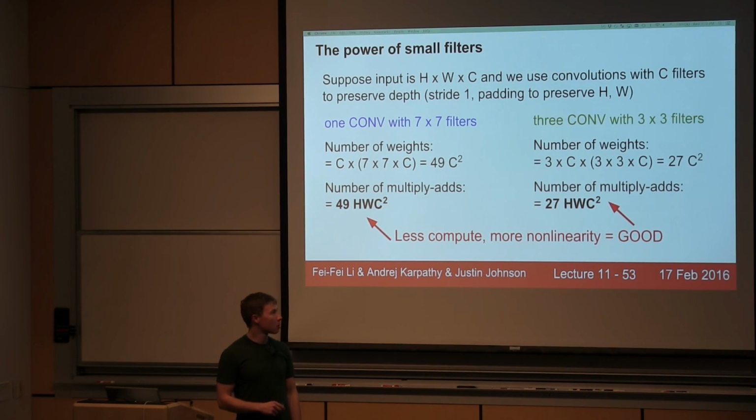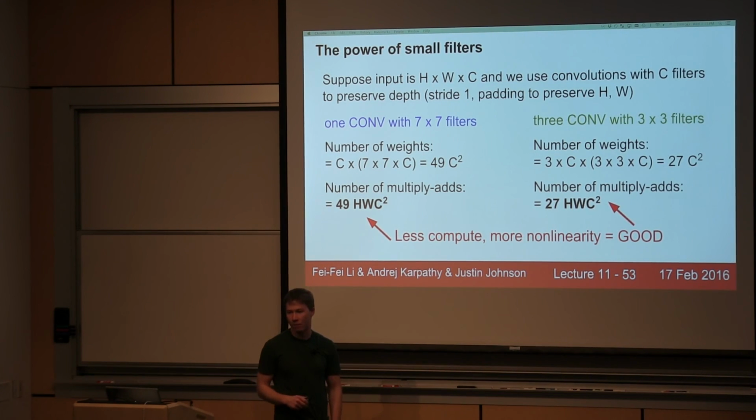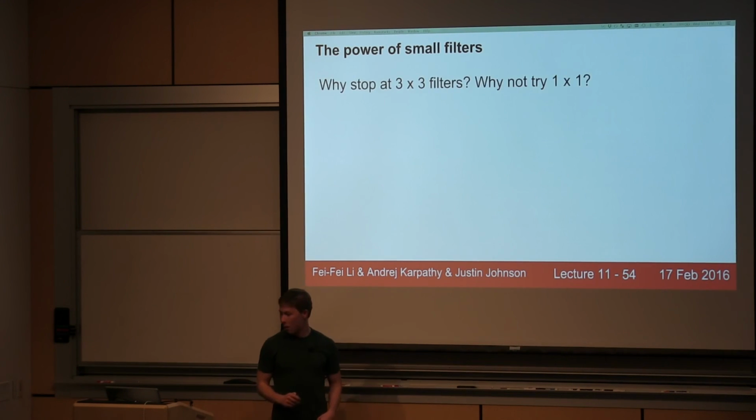So the stack of three 3x3 convolutions gives us more nonlinearity for less compute. That gives you some intuition for why multiple layers of 3x3 convolutions are preferable to large filters. But then you can think of another question.